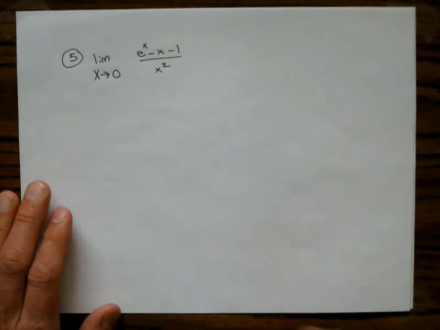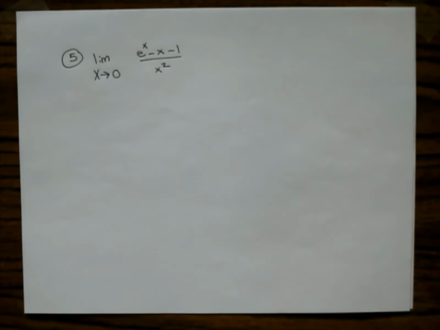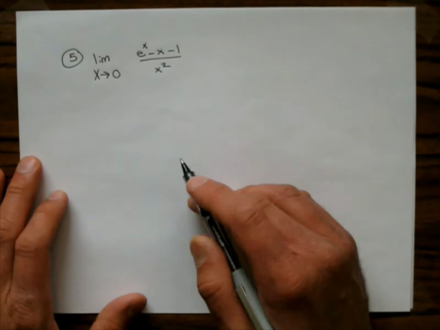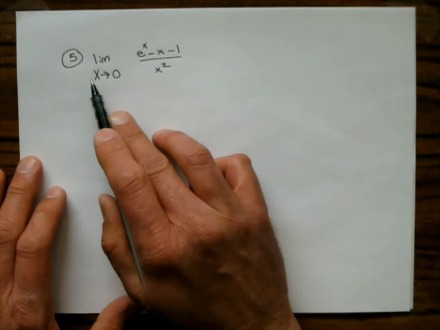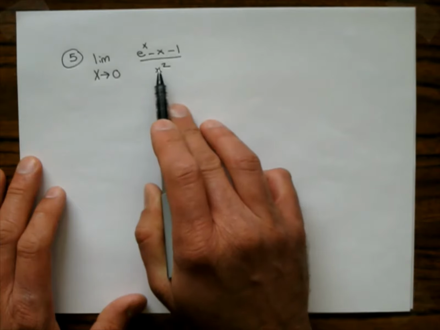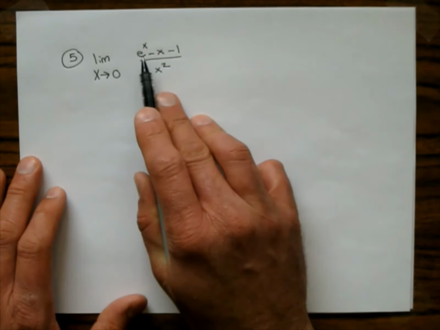Okay, let's go ahead and take the limit of this guy right here. In all of the problems we've been doing, we've been getting 0 over 0. We have not gotten an infinity over an infinity. And we wanted you to get used to L'Hopital's rule before we did some infinities on the top and bottom. So I have the limit as x approaches 0 of this creature here. Let's go ahead and put 0 in.